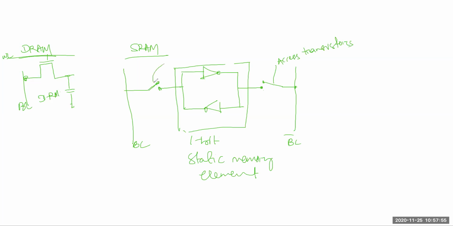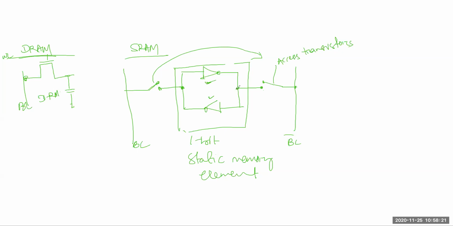This 1 bit static memory node is nothing but a back-to-back connection of 2 inverters. Till the power is on, this value will be retained. It will be in a stable point. If it is 1, it will stay 1 till the power is on.